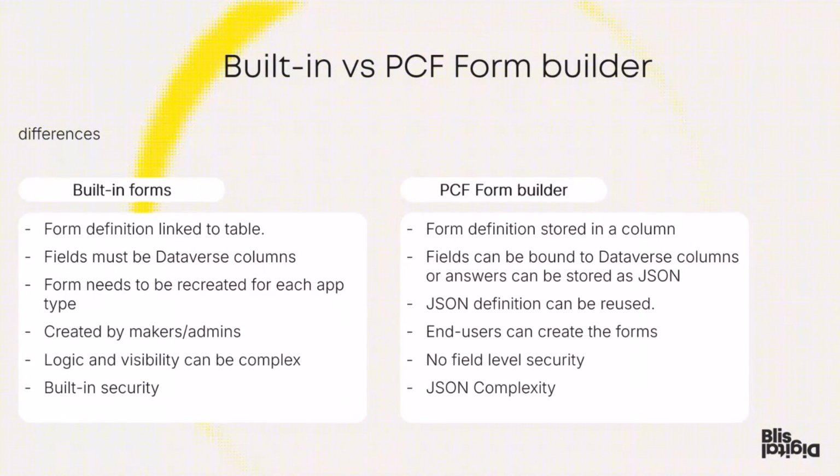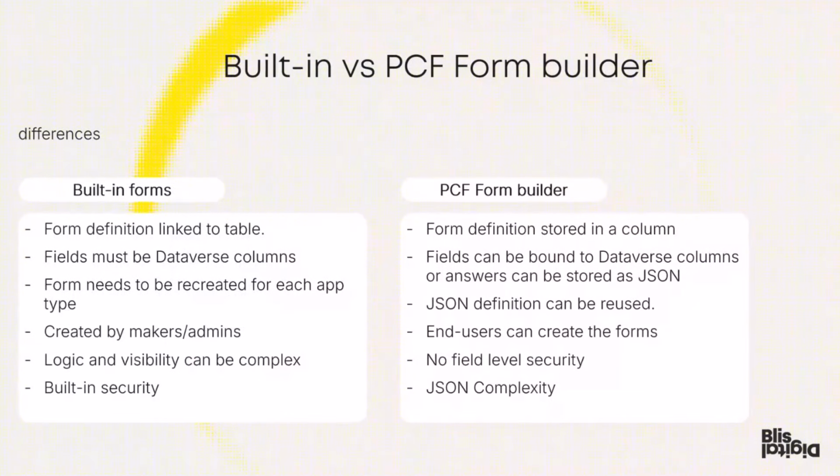The logic can be complex, but you do have built-in security with column level and row level security. For our solution, we store the form definition in a column. Fields can be bound to Dataverse columns, or answers can be stored as JSON. The JSON definition can be reused. The downside is no field level security, and JSON could be complex for end users.